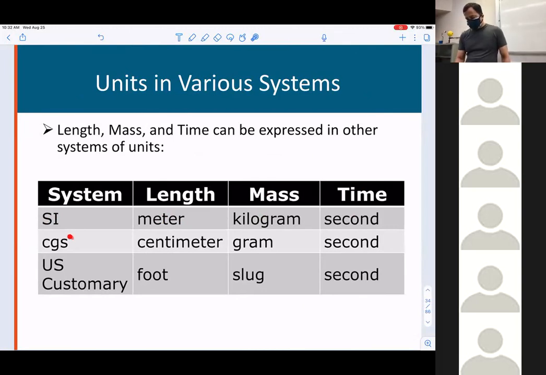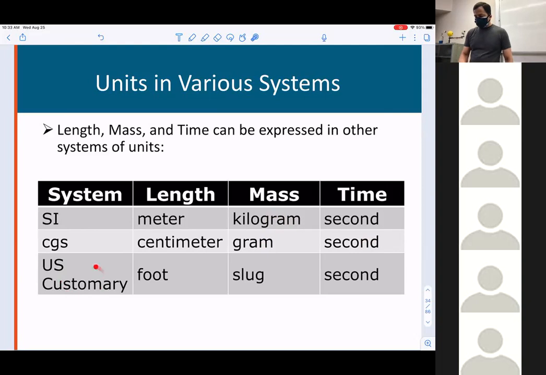So for example, in the CGS system, you measure length in centimeters, and you define a centimeter to be 1/100th of a meter. Or you measure mass in grams, and you define a gram to be 1,000th the mass of 1 kilogram. So it's 1,000th the mass of that thing sitting in France in a museum somewhere. And seconds is still seconds.